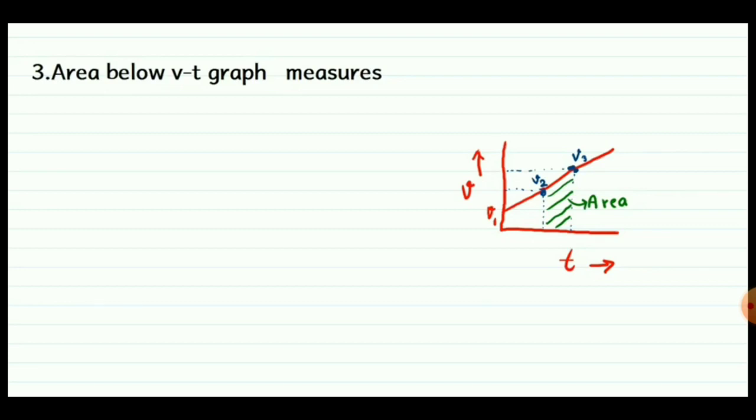When we find the area of a velocity time graph, this velocity is measured by measuring the displacement change of the object with respect to time.